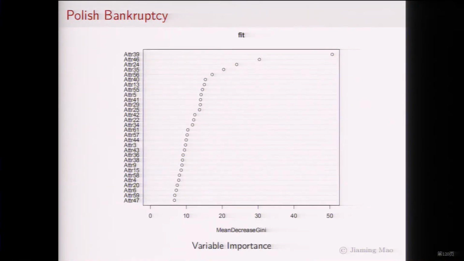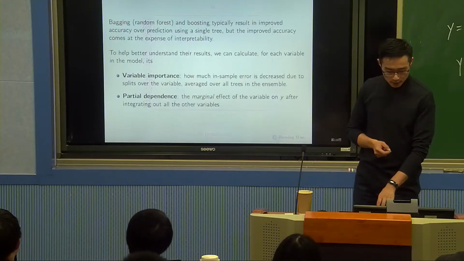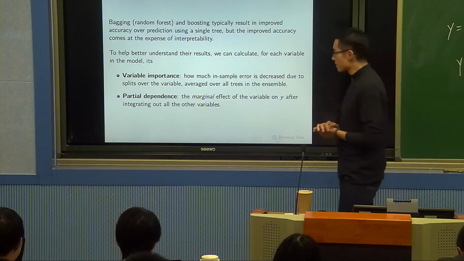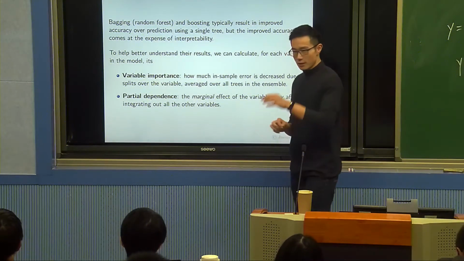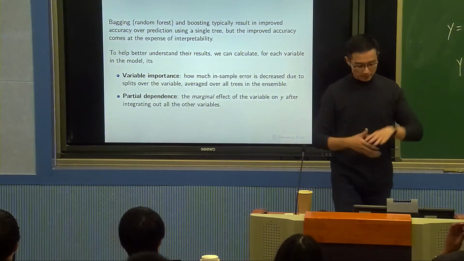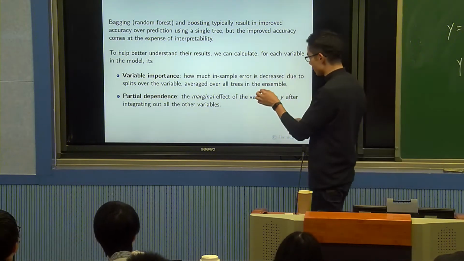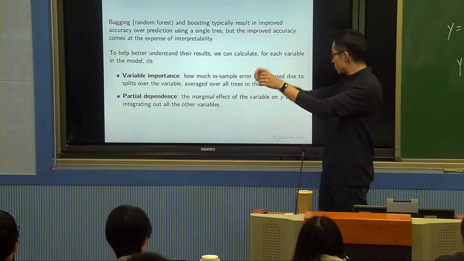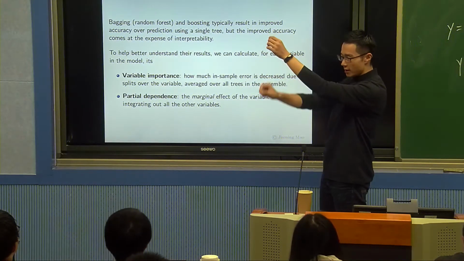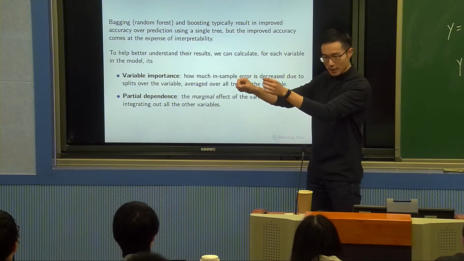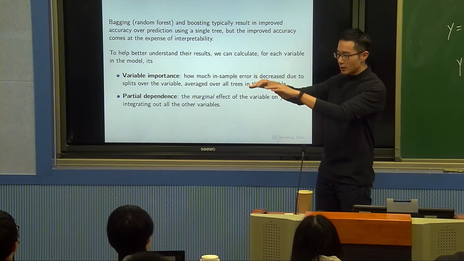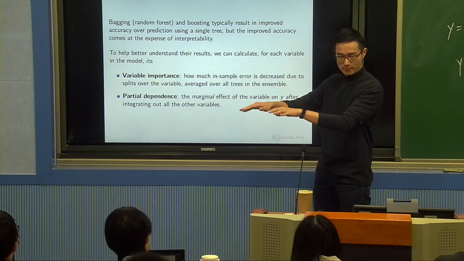This is called a variable importance plot. Variable importance is computed slightly differently. Because we have a tree structure, for each tree I go from the root down, and every time I make a split over a certain variable, I see how much my error decreases.